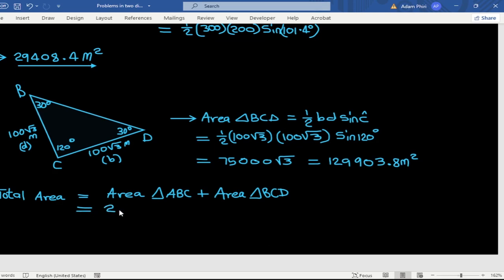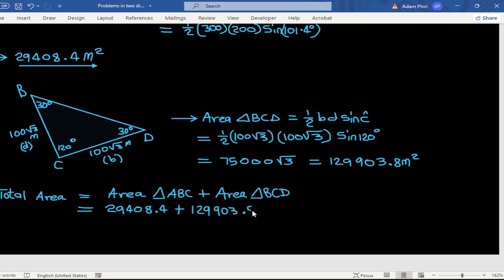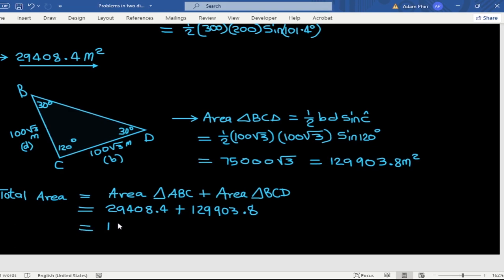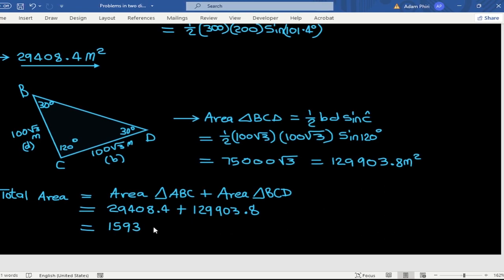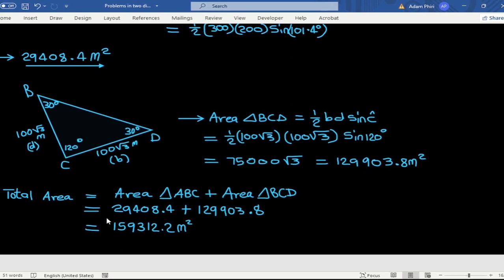Given the values, it's 29408.4 plus 129,903.8. Adding that with a calculator gives us 159,312.2 meters squared. So that's our final answer.